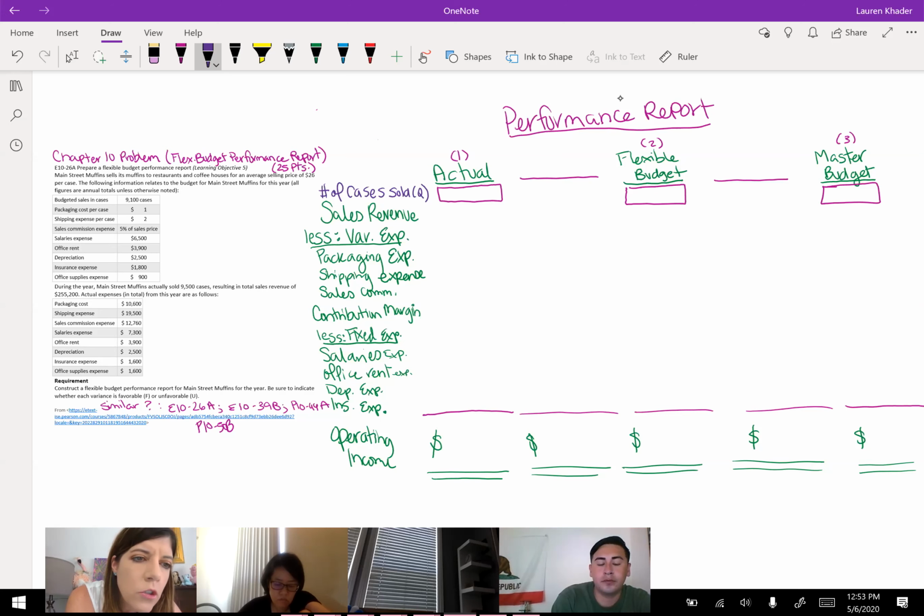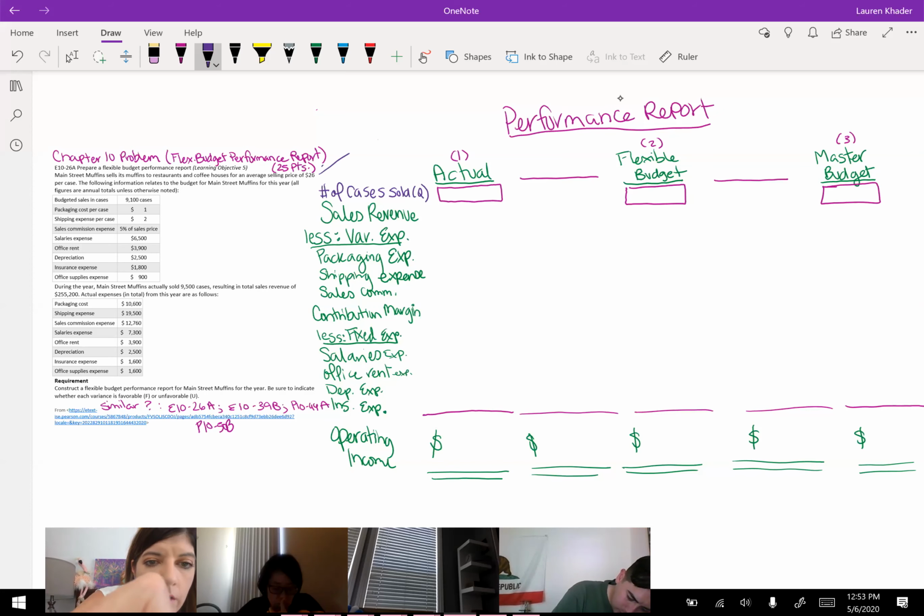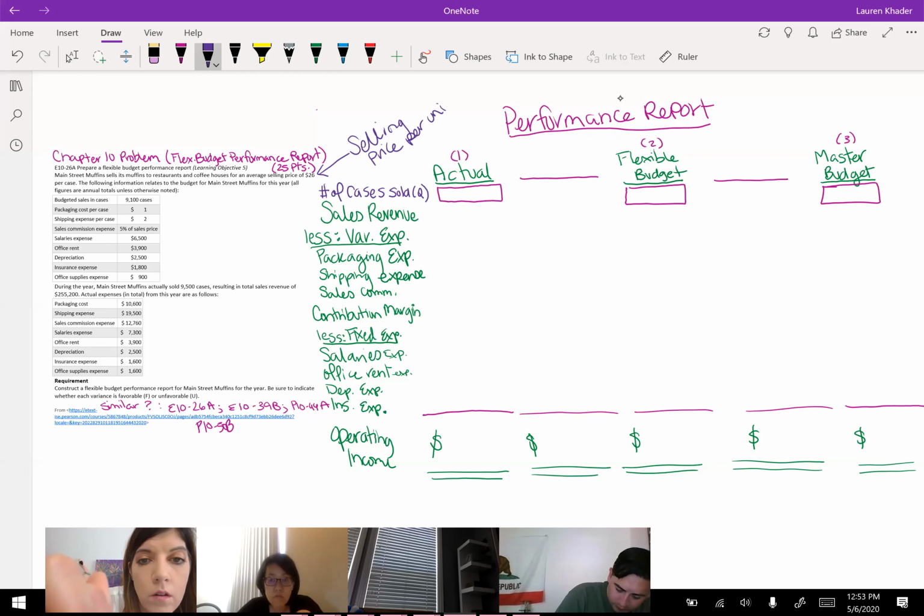So Main Street Muffins sells muffins to restaurants and coffee houses for an average selling price of $26 per case. So that $26 per case is the selling price per unit. The following information relates to the budget for Main Street Muffins for this year. All figures are annual totals unless otherwise noted.